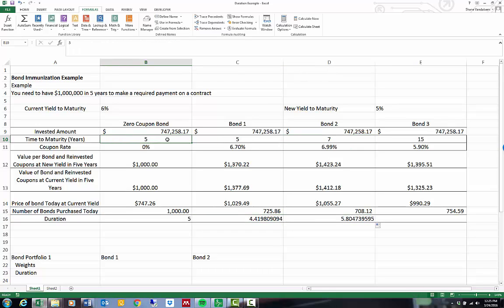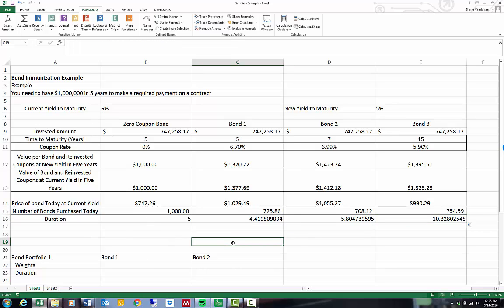The upper bound of the duration for a bond is its time to maturity. So this is below 7. And then finally, bond 3 has a time to maturity of 15 years. It has a duration of 10.33 years.